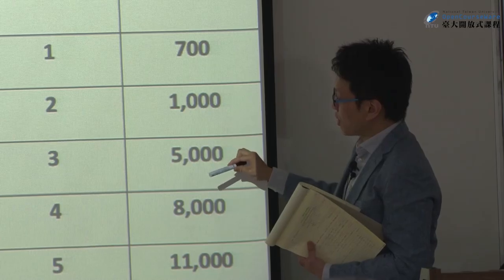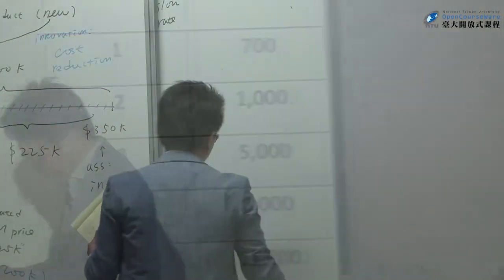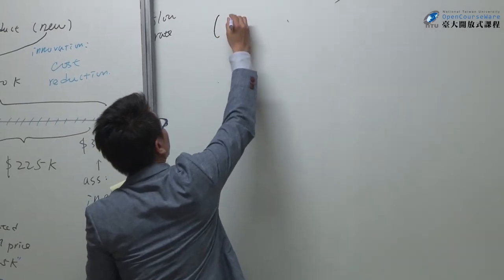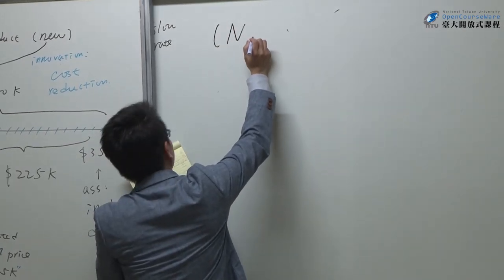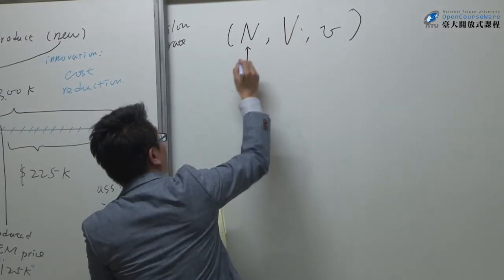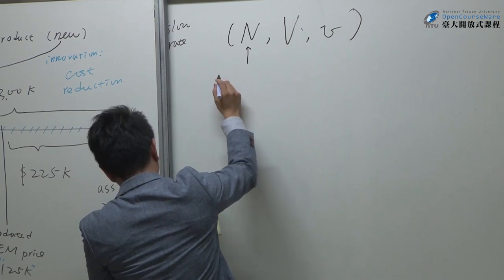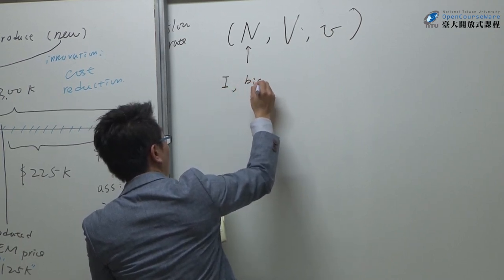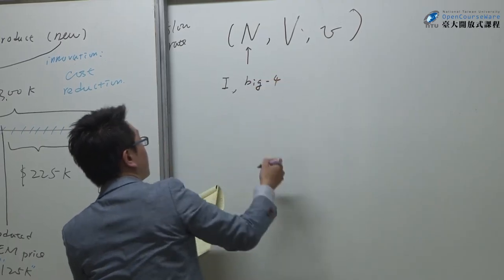Year 2 will be 1,000. Year 3 will be 5,000. Use this information to calculate the input for value capture analysis. So we already have the players, only yourself, the innovator, and the Big Four, and that's it.